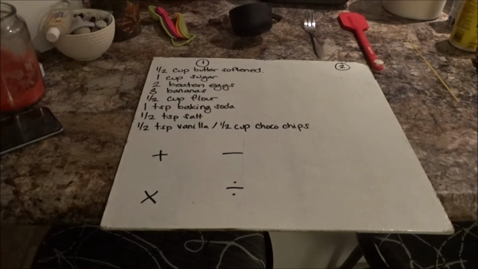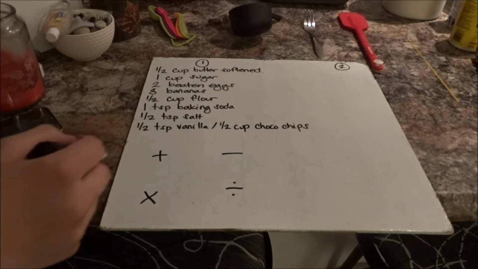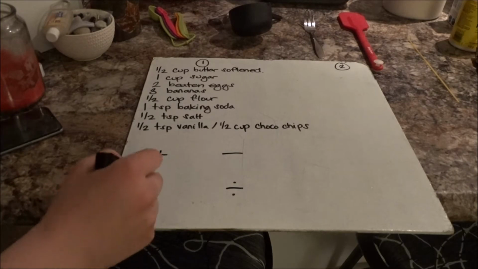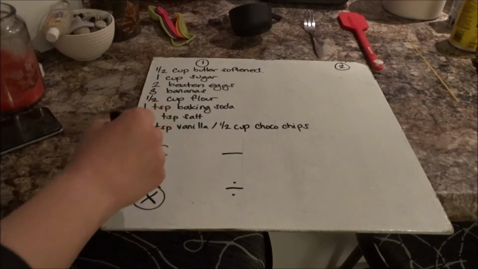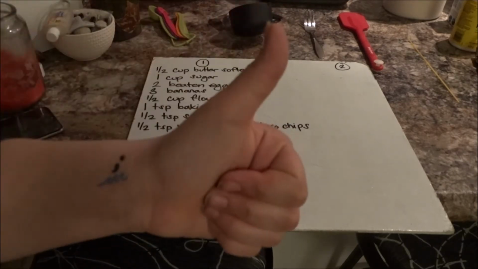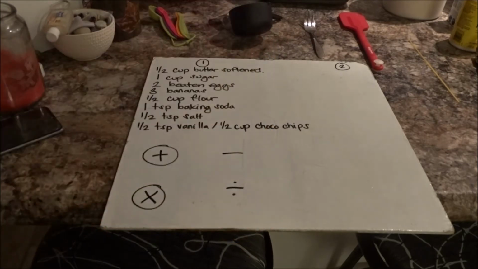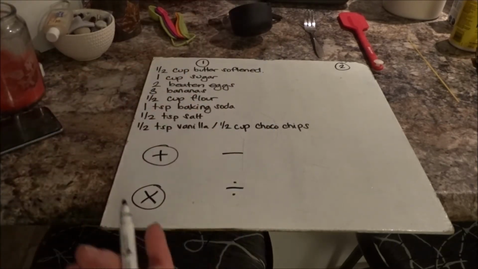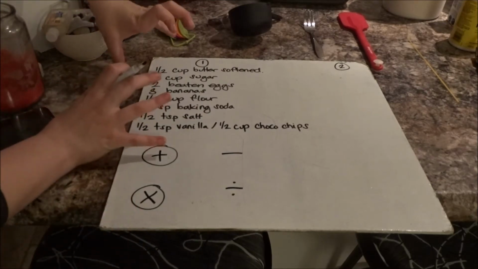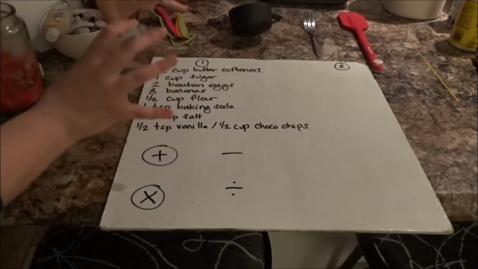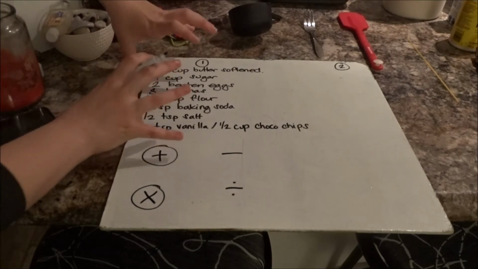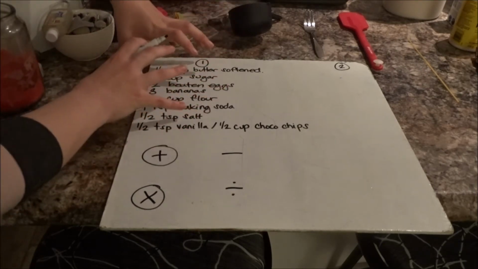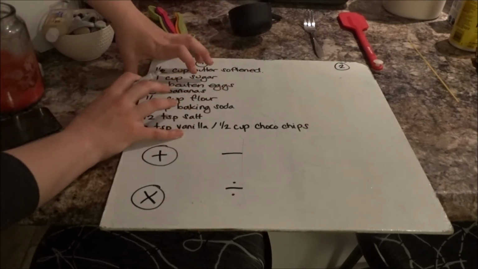So, what you're actually going to do is, there's 2 different ways. If you said multiply or add, you're right. Good job. So, what we are doing, basically, when you're doubling the recipe, is you're taking all of this here, and you're going to add twice the amount. So you're taking all of this and you're going to add it once, and then you're going to add the exact same amount twice.